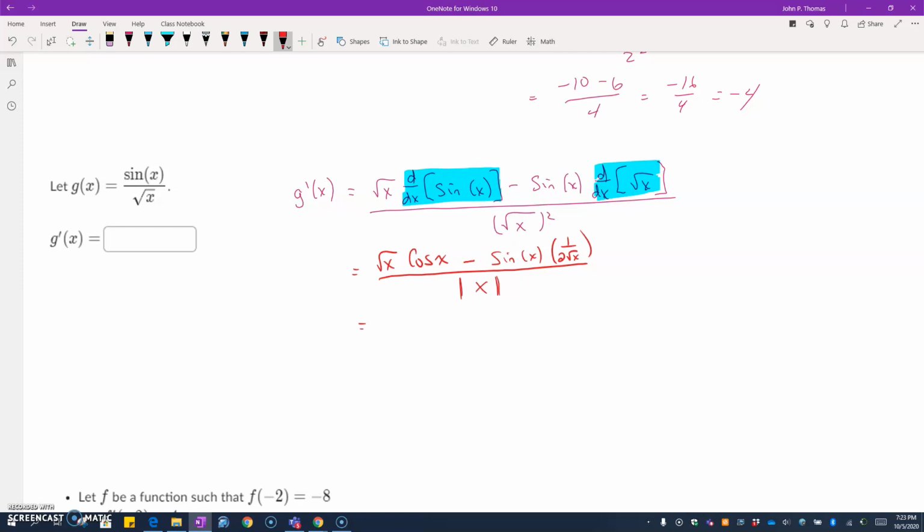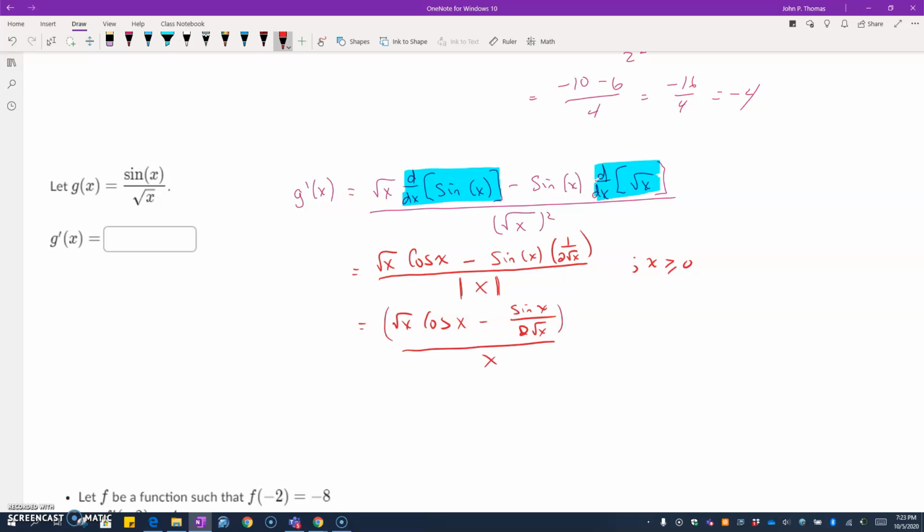Otherwise the square root of x wouldn't be defined, which makes me feel like we shouldn't need the absolute value, but technically when we reduce that, we would have had a positive for sure. Alright, but again the domain restriction would tell us that we can leave that off because x is greater than or equal to 0. So I've got root x cosine x minus sine x over 2 root x all over x.